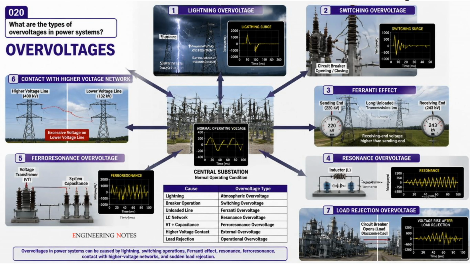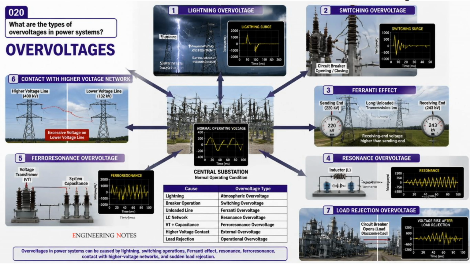B. Switching overvoltage. Overvoltage produced during the opening or closing of circuit breakers and switching operations within the network. C. Ferranti effect overvoltage. Overvoltage that occurs on lightly loaded or unloaded long transmission lines due to their capacitive characteristics.